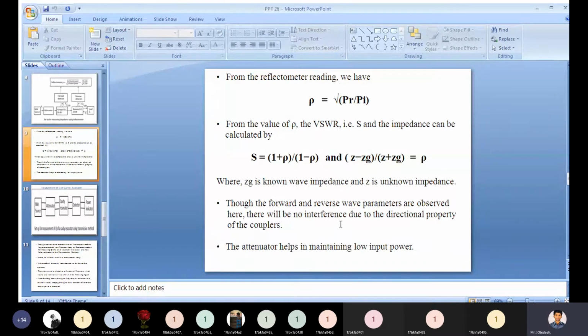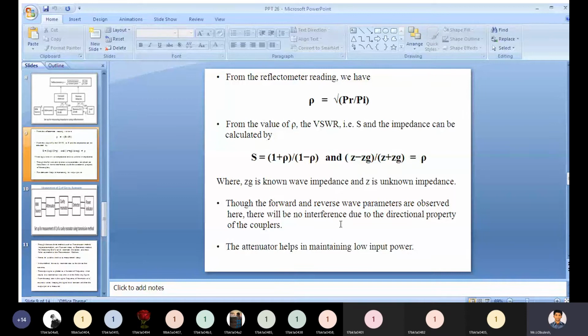From the value of rho, the VSWR, denoted as S, the voltage standing wave ratio, and the impedance can be calculated by S equals 1 plus rho divided by 1 minus rho.